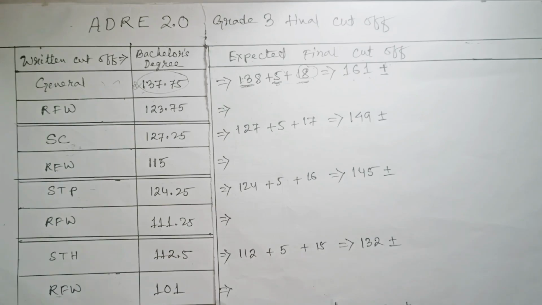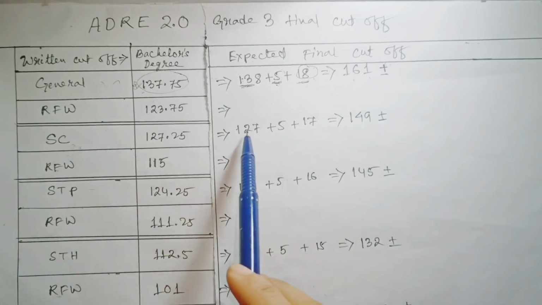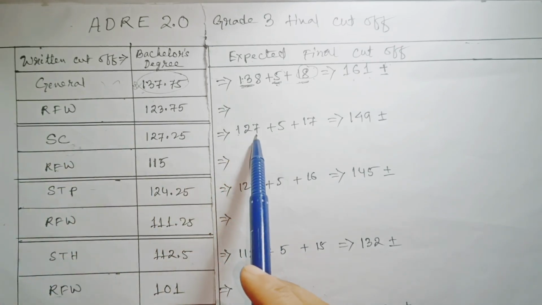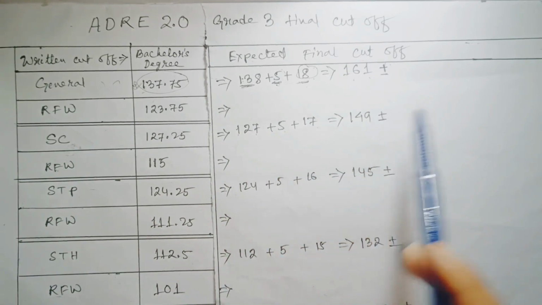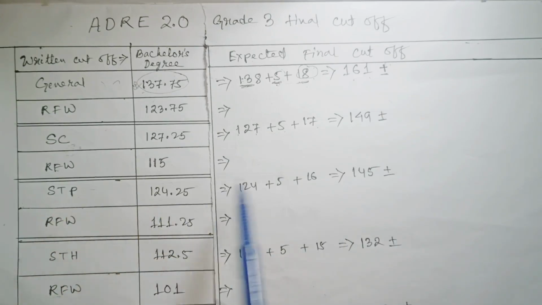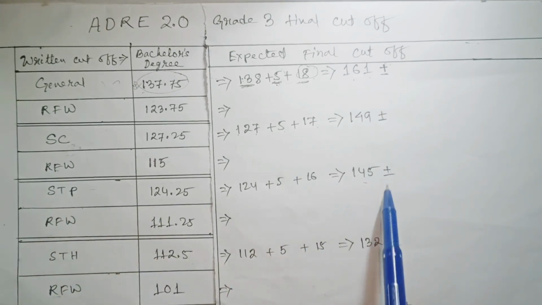In the same way for SC, 127 plus 5 plus 17, 149, plus or minus 1 or 2 marks. For ST plains, 145, plus or minus 1 or 2 marks. For ST hills, 132, plus or minus 1 or 2 marks. And for OBC and MOBC, 153, plus or minus 1 or 2 marks.